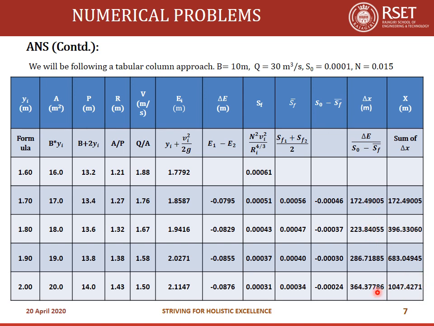So each value of delta X you are adding then and there, so that the final value, 1047.4271, would be the total sum of all the delta X's taken together. So the length of the gradually varied flow profile would be 1047.4271 meter.